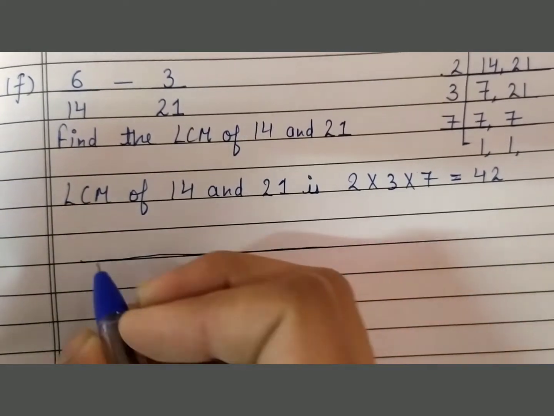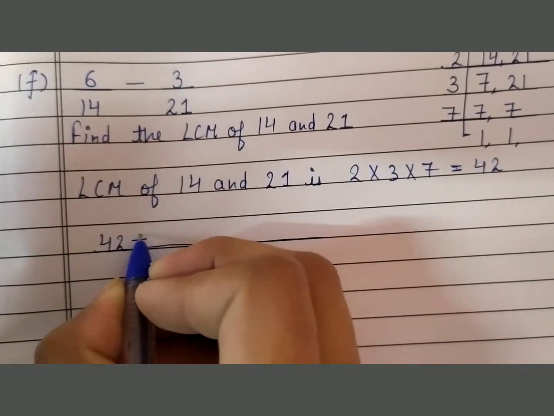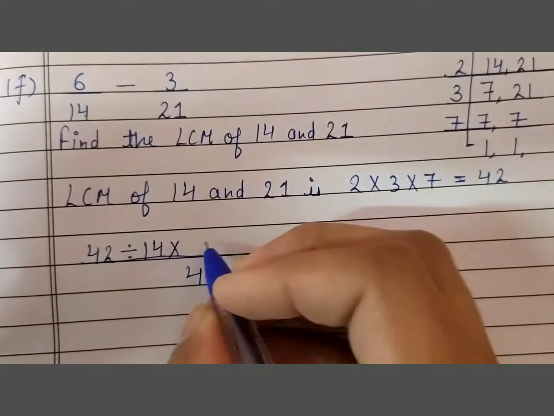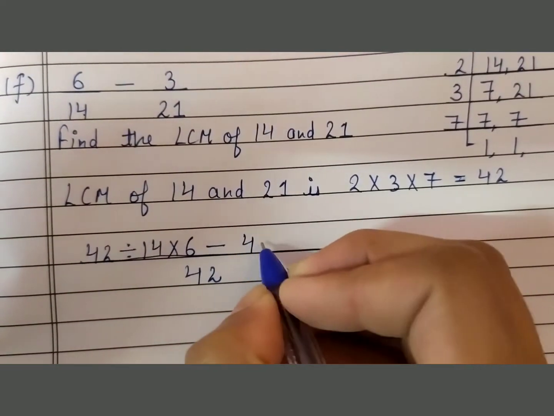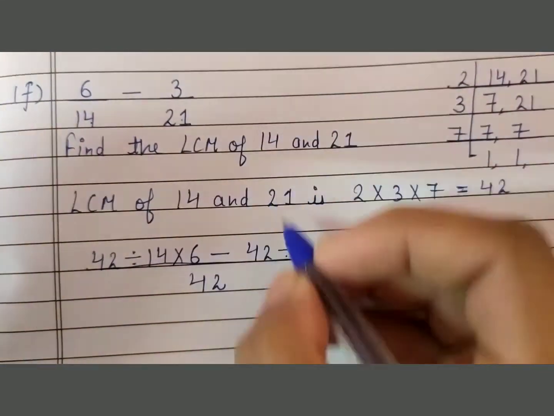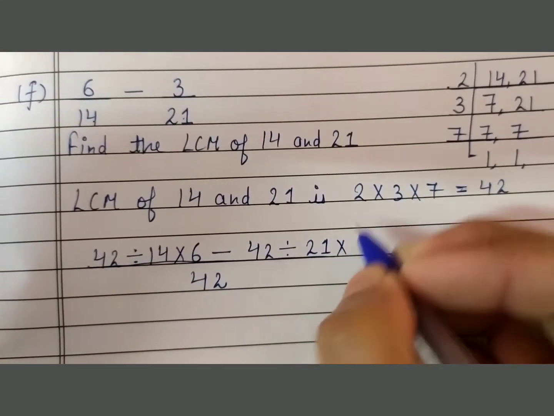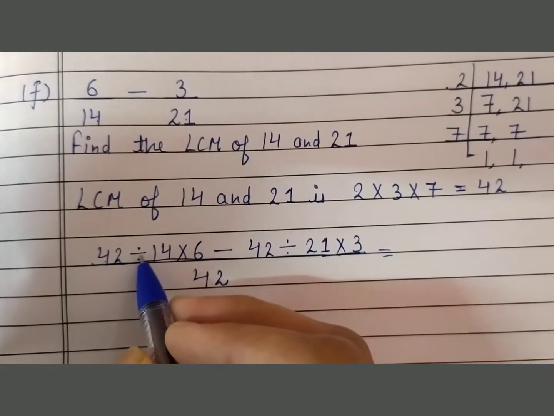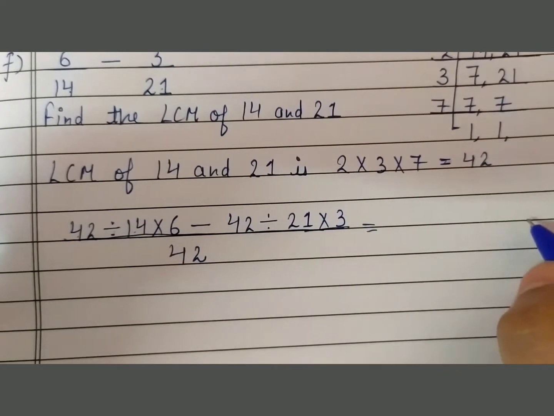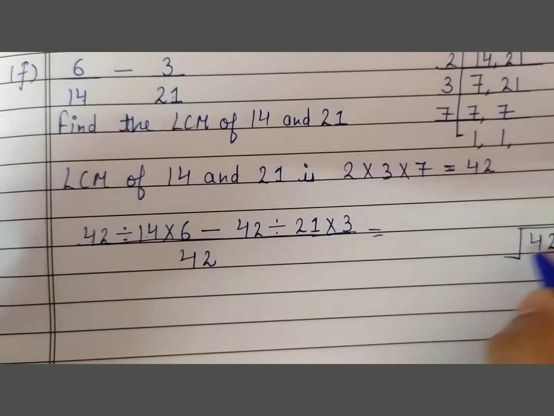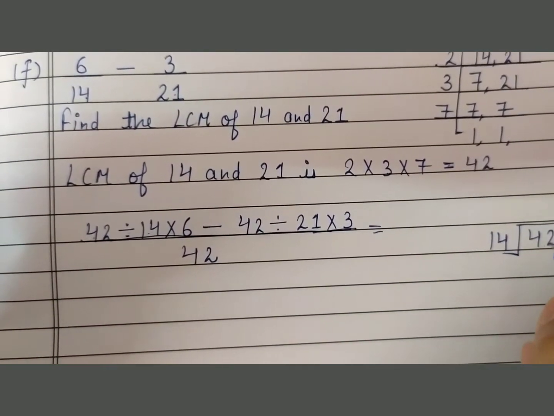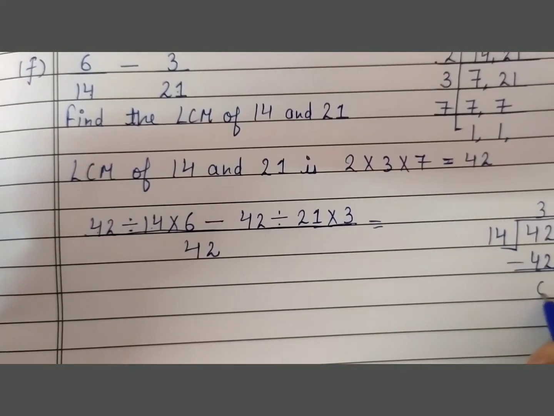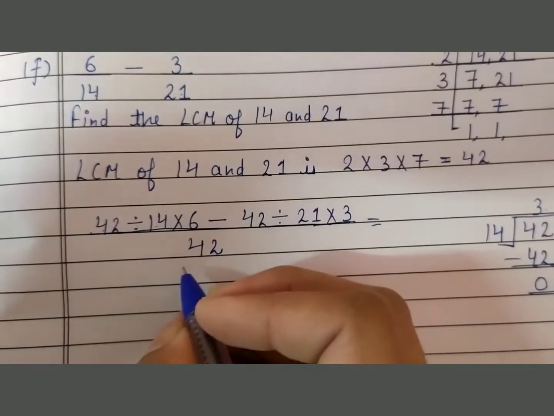Again write 42 divided by 14 multiply by 6, subtract, write 42 divided by 21 multiply by 3. 42 divided by 14. Children, 14 3s are 42. Subtract 0. Answer is 3.